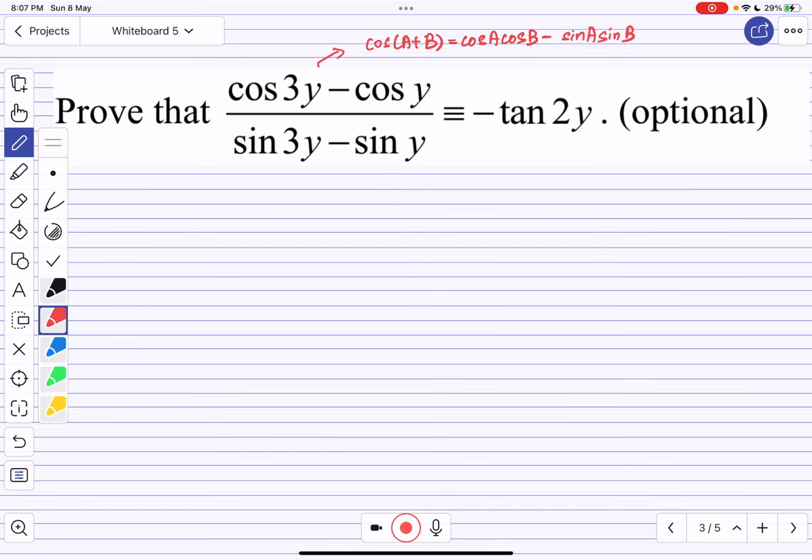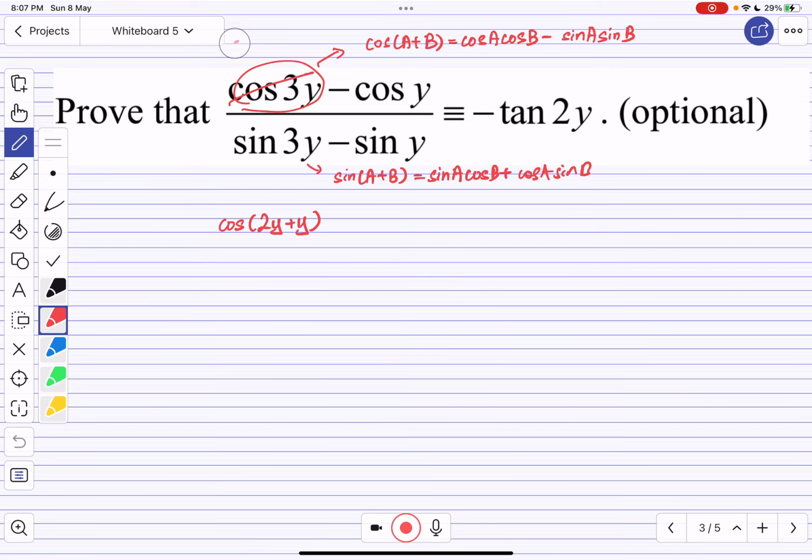Similarly for sin 3y, we can use the addition formula for sine, which is sin(A+B) is the same as sin A cos B plus cos A sin B. So with that, I'm going to split cosine 3y into cosine of (2y plus y).